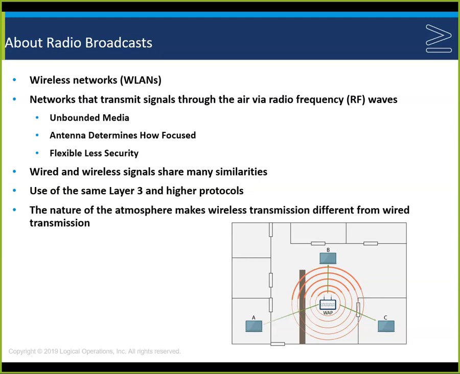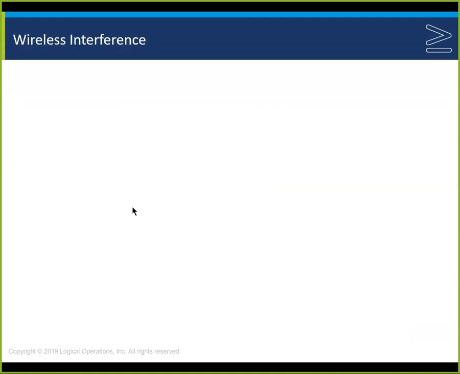The nature of the atmosphere makes the wireless different from the wired. The wired's going to be consistent when we get it connected up. The characteristics of the wire aren't really going to change. The characteristics of the atmosphere can and will change on a regular basis.